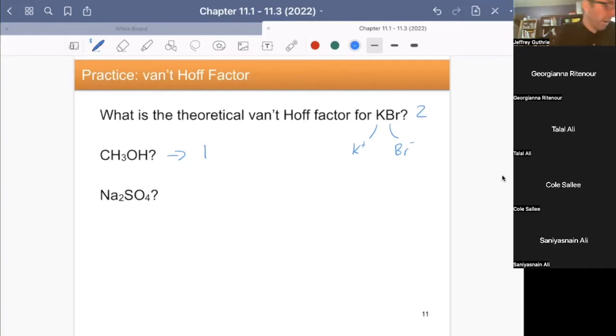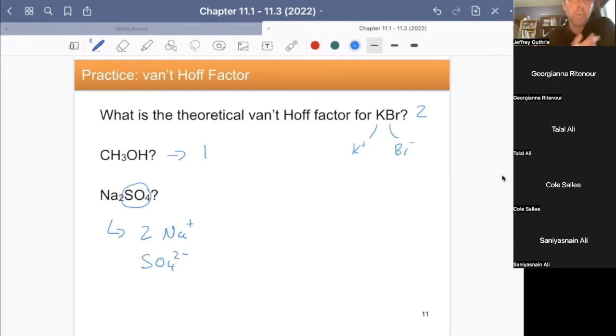So the complex ion in this one is SO4. That doesn't break apart on its own. That is one ion itself. So when sodium sulfate breaks up, it goes to 2 sodiums and 1 SO4 2 minus.